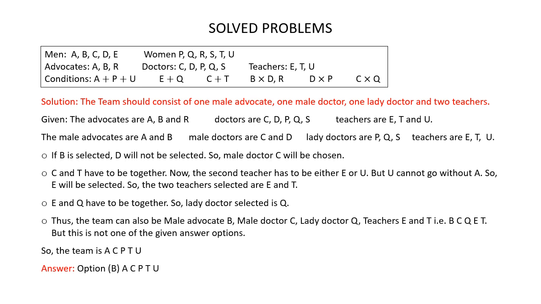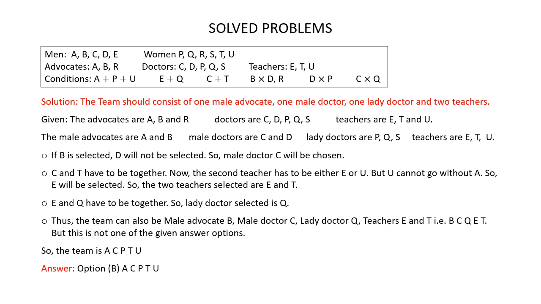Now we know that according to the condition, C and T have to be together. Now, since C has been selected, clearly T also has to be selected. Now we know that the team should consist of 2 teachers. Now T has been selected.